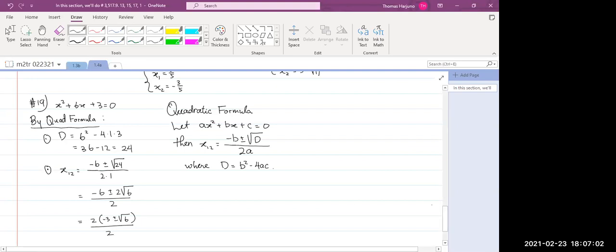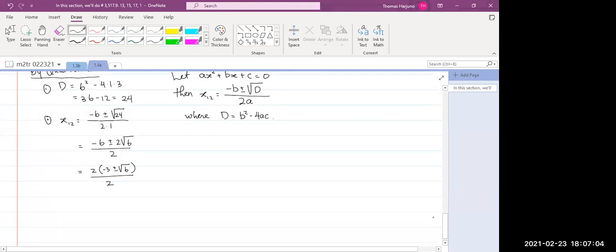So x1,2 equals -3 plus minus square root of 6. Remember, I told you I always want you to split it. So x1 is -3 plus radical 6. x2 is -3 minus radical 6.